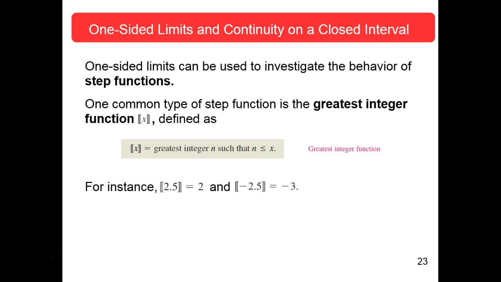That would be 2. What's the greatest integer in negative 2.5? Negative 3, because you always look to the left to see what the greatest integer less than or equal to x is, and negative 3 is the next thing left of negative 2.5, not negative 2, so sure enough, that's negative 3. All right, everybody got a pretty good idea of what it is?